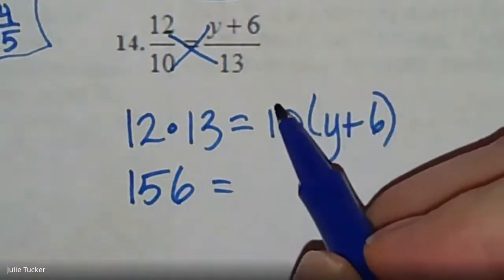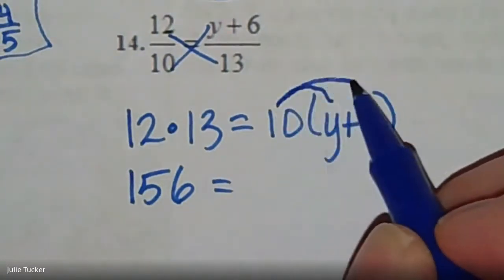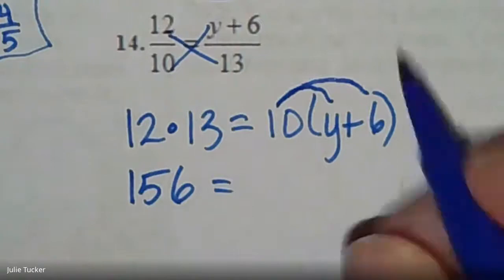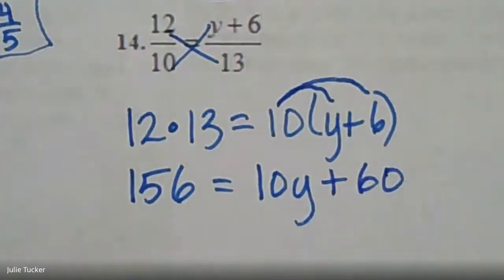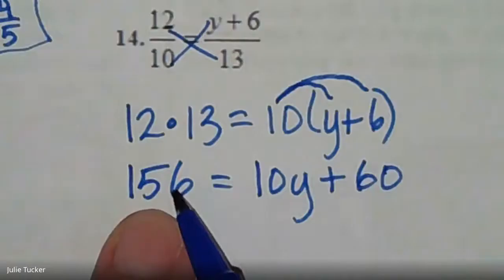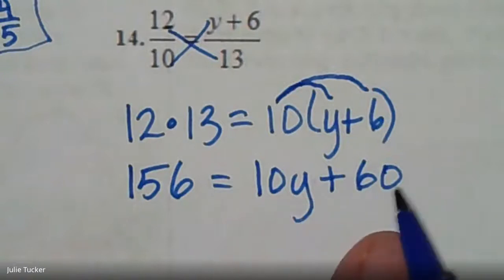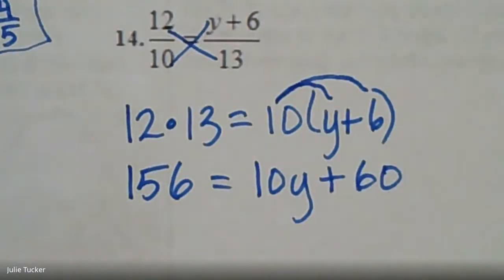So now we have to distribute. Good work. Okay. So now we have a number, a variable, and a number. What do we want to eliminate?